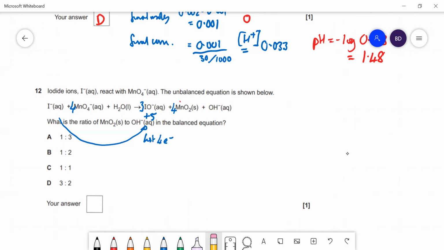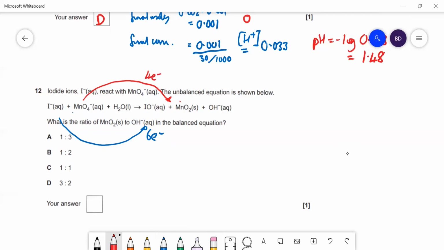The iodine is going from -1 to +5. That's lost 6 electrons. Whereas the manganate is only gaining 4 electrons. So we can balance.